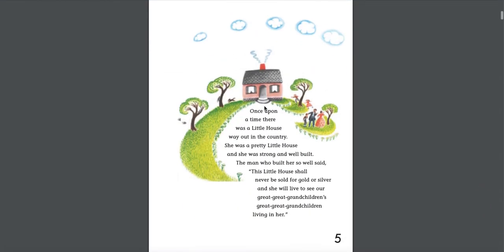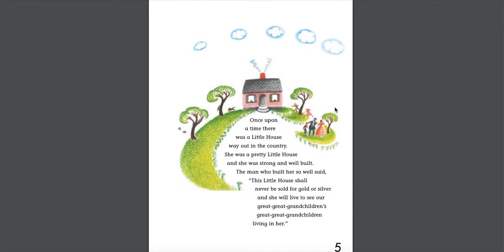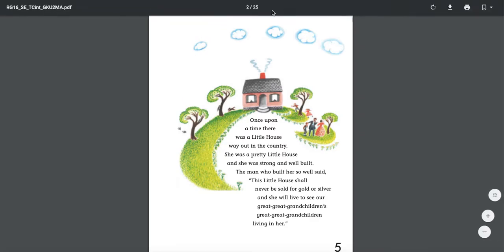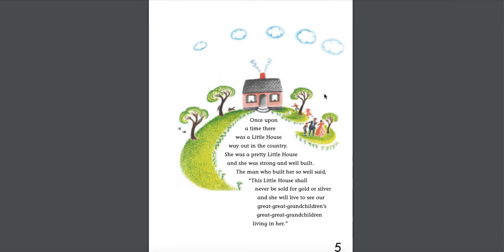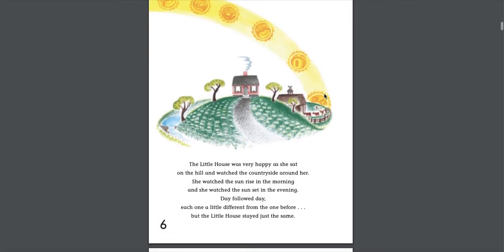So looking at the setting of the story here on page 5, I see some people outside. I see the little house, a few trees, and some clouds. So I'm just going to go through the pictures, and I want you to pay attention to how the setting changes around the little house.